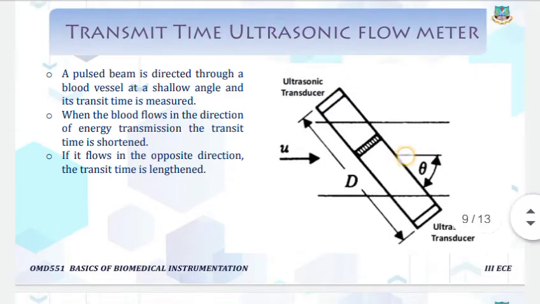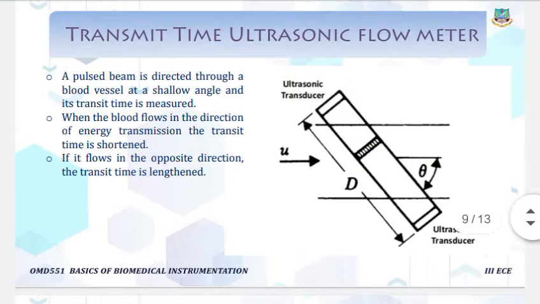So in this there will be some medium, maybe blood cells or something like that, inside the blood. Based on the transmitting as well as the receiving signal, we measure the time. When this ultrasonic transducer sends its signal to here, we will measure the downstream transmit time, that is TD.